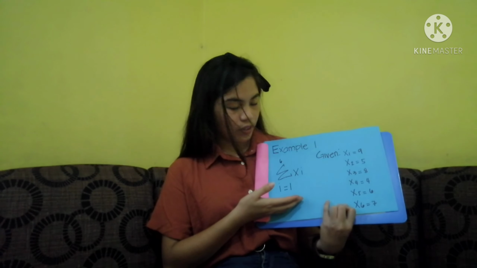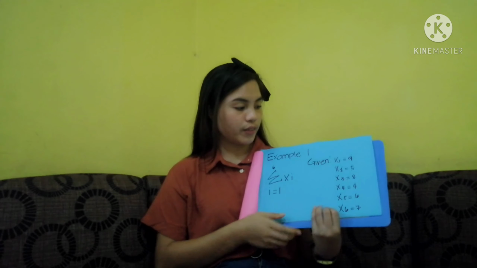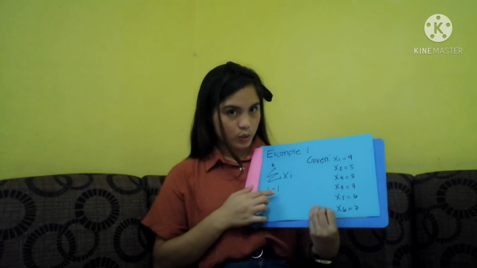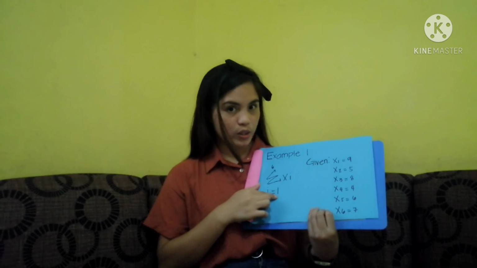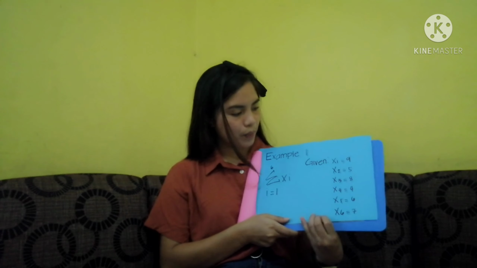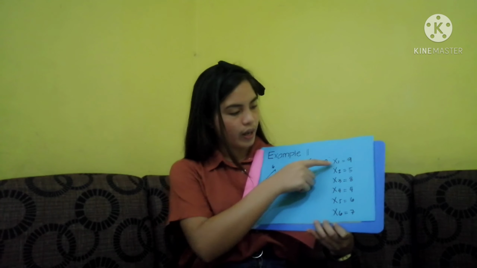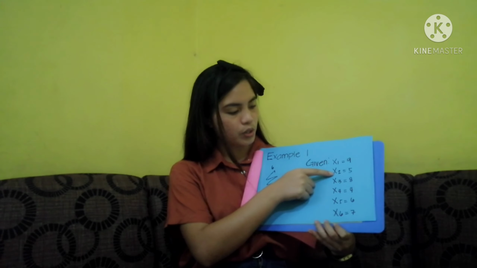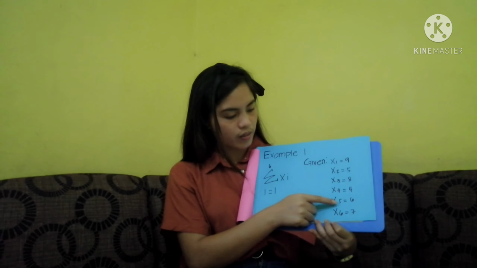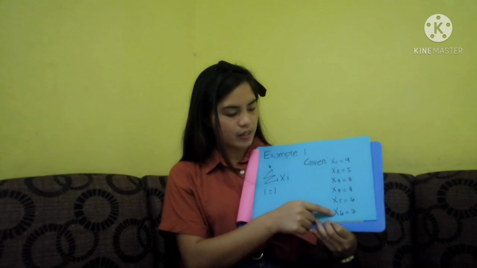How to expand this formula? To expand this formula, we have here given numbers. Because i ranges from 1 to 6, we need to expand these numbers. So we have x sub 1, x sub 2, x sub 3, x sub 4, x sub 5, and x sub 6.